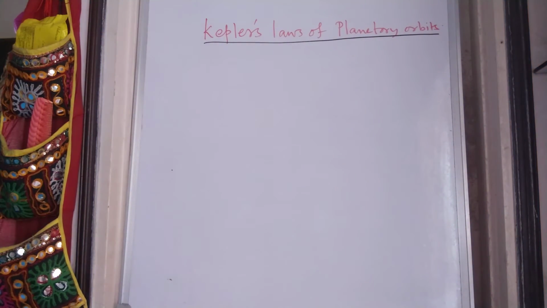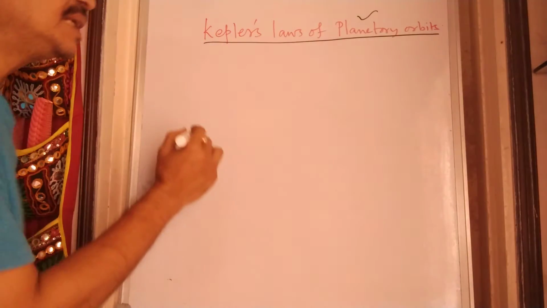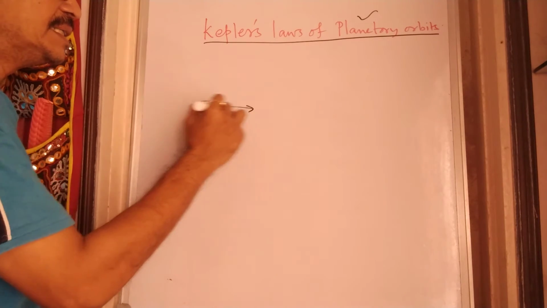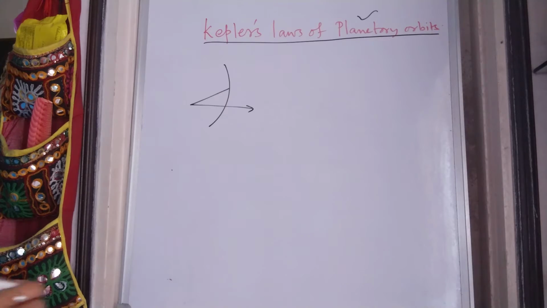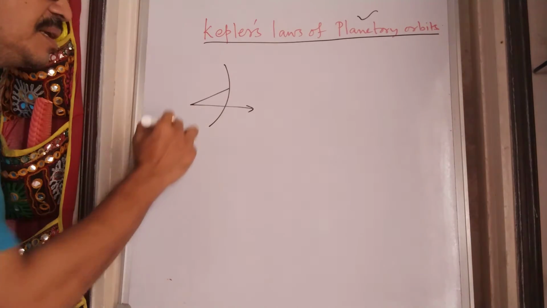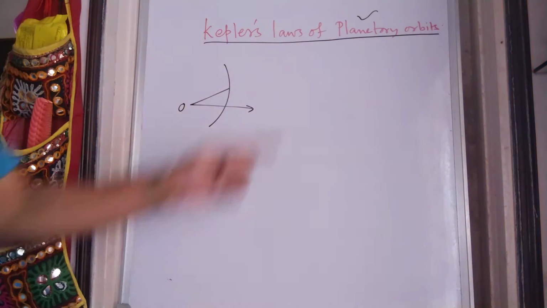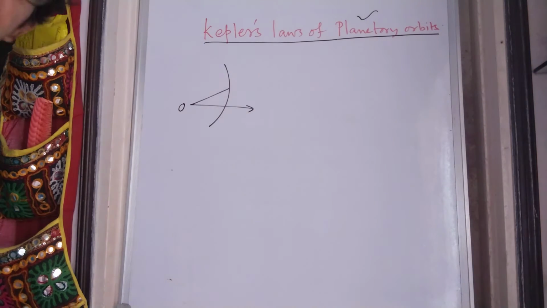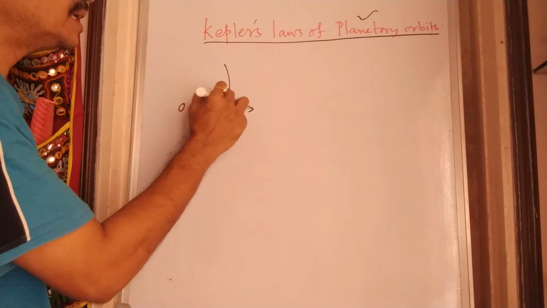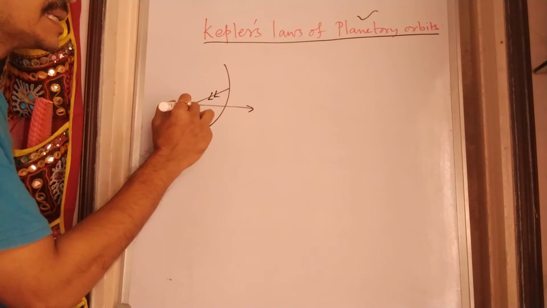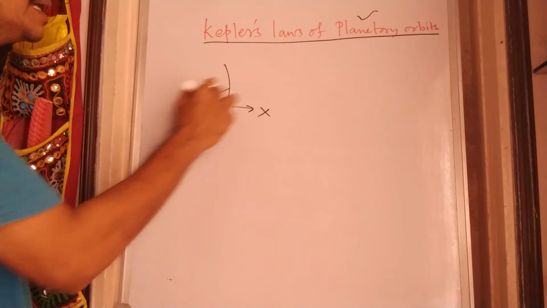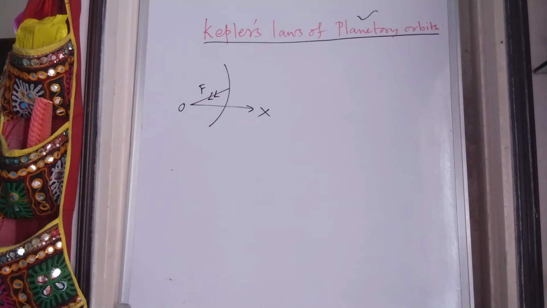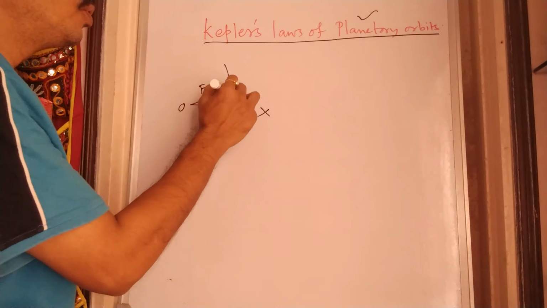We all know that the motion of the planets around the Sun is a central orbit, because the force exerted by the Sun on the planet is always directed towards the Sun. Let us take that as the origin.